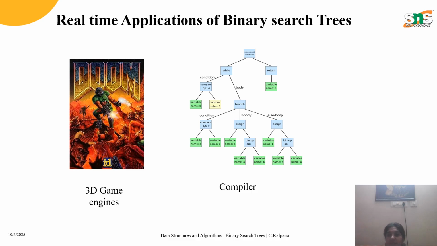Next, the compiler uses it for creating a syntax tree, and the file system uses it for file lookup, to search for files. Live sorted data streaming for stock maintenance or stock search also uses the binary search tree.